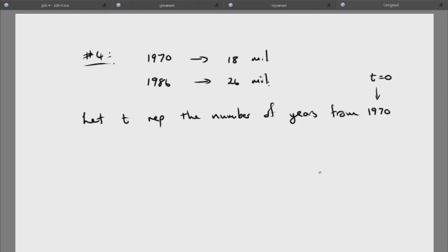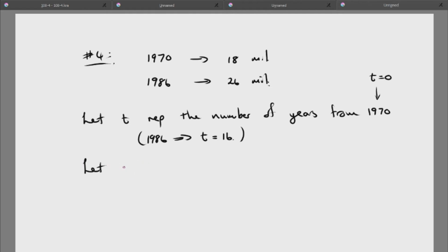Because I'm only using it to predict the future, I don't really care about the actual 1970. That's often just making my function look a little nicer. So then here, for example, 1986 would correspond to t equal to 16, making the t values a little nicer.